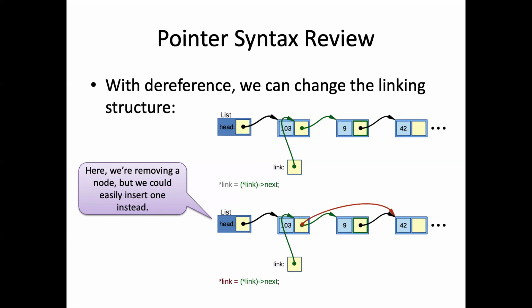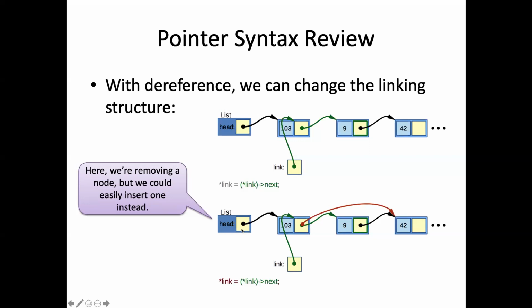If the space for all these nodes was dynamically allocated, then if you were trying to delete that node, you'd have to worry about freeing that memory. But this gives you a handy way of manipulating a list without having to handle things in special cases. That's maybe not a big deal for a list because you've really only got one special case, and that is, am I removing the first node on the list, in which case I have to change the head pointer.